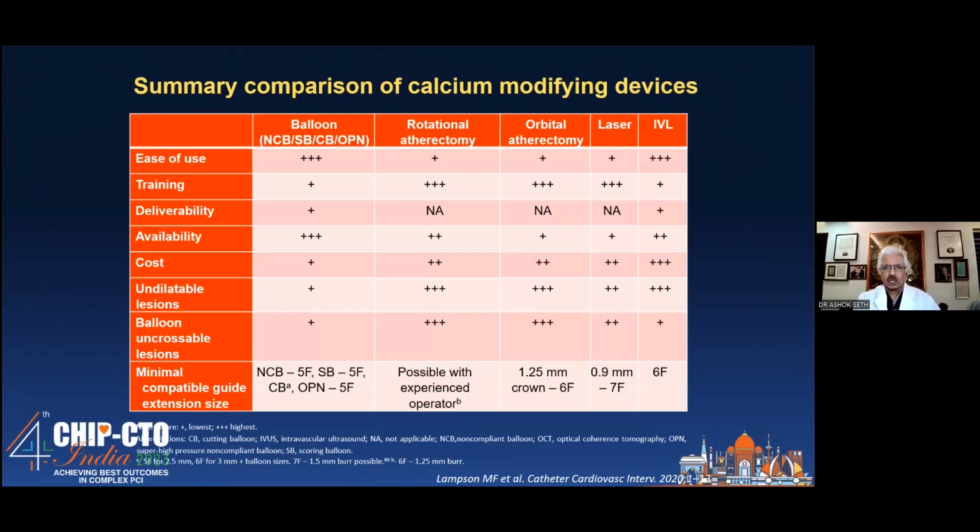As we go along this path, we know that IVL more recently has had the ease of use, the least amount of training, good deliverability, and the lowest learning curve.